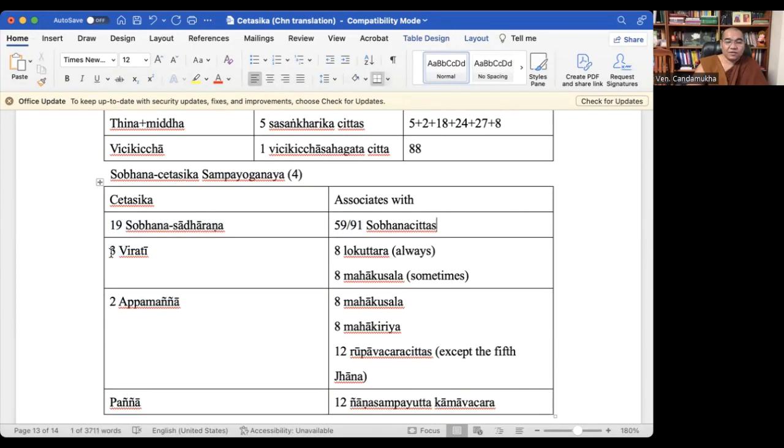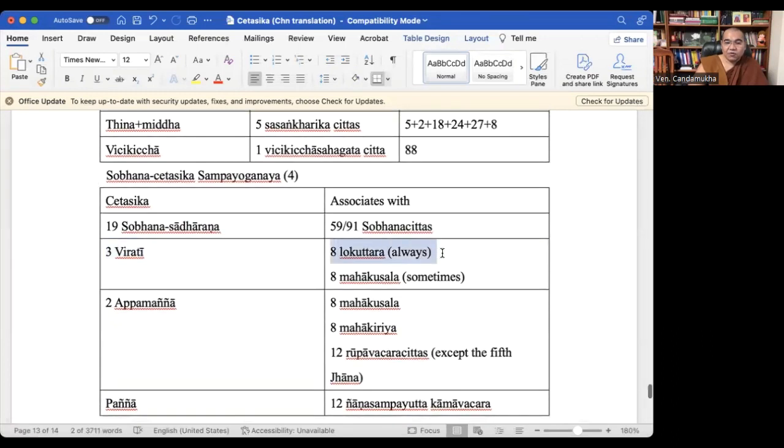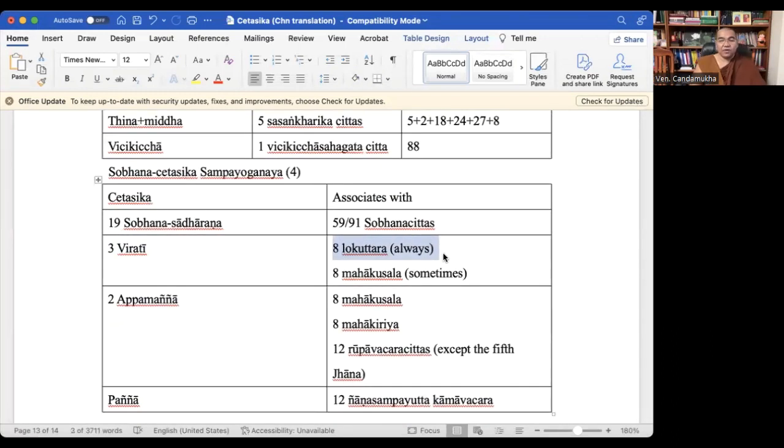Then 3 Virati Cetasika, abstinence: refraining from evil speech, evil action, evil livelihood. They associate with 16 Cittas out of 89. 16 here means the 8 Lokuttara Citta, which always associate. Whenever Lokuttara Citta arises, Samma Vaca, Samma Kammanta, Samma Ajiva are available.